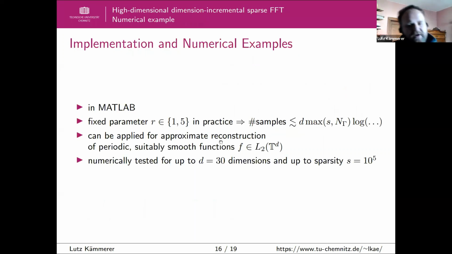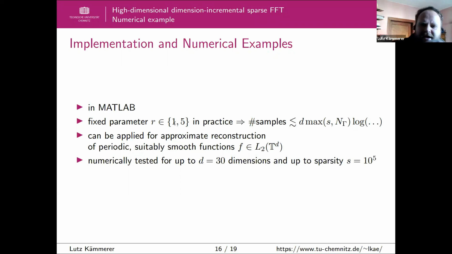And now we can take a look at numerical examples, right? We have an implementation in MATLAB. Usually we fix this parameter R, these iterations, at 1 or 5 in practice. 1 is not really good in practice, let's say if you consider artificial examples.